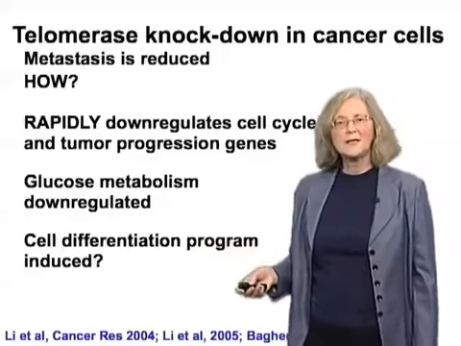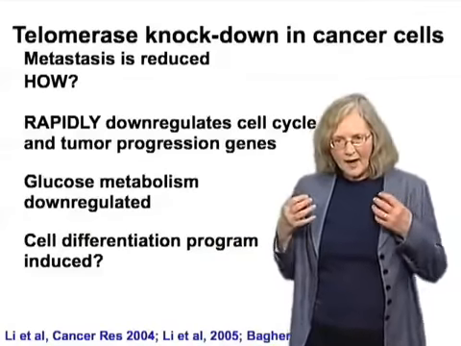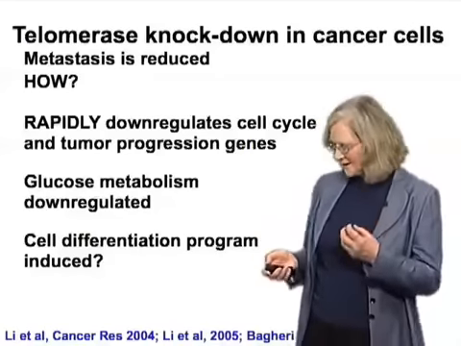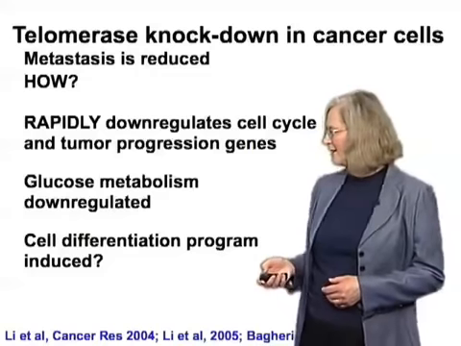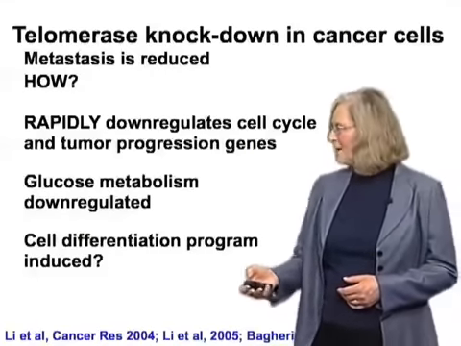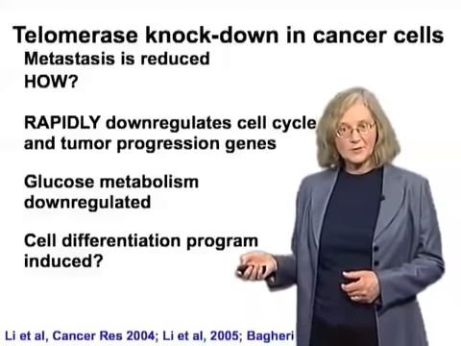Glucose metabolism is downregulated. Cancer cells typically have high rates of glucose metabolism. That becomes downregulated in cells that have less telomerase RNA. And the cells appear more differentiated, making one wonder if there's a cell differentiation program that's induced in these cells.